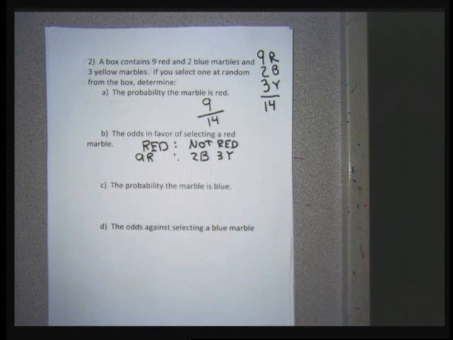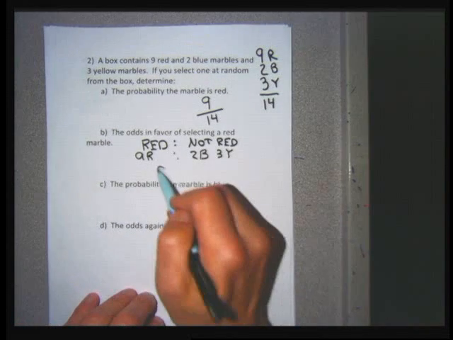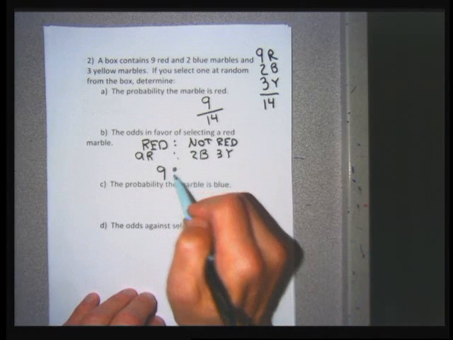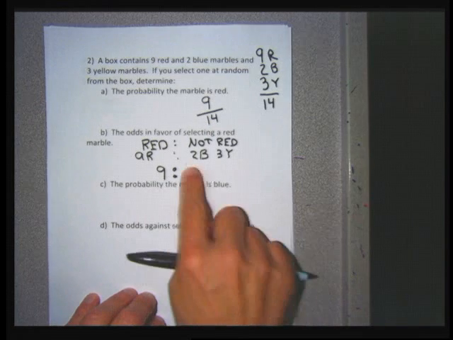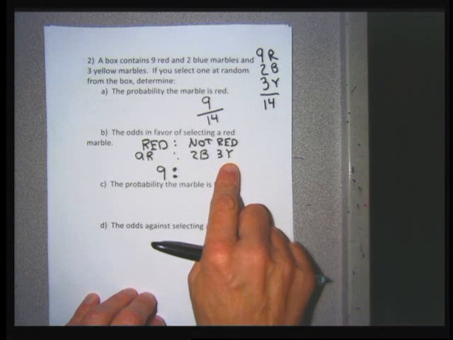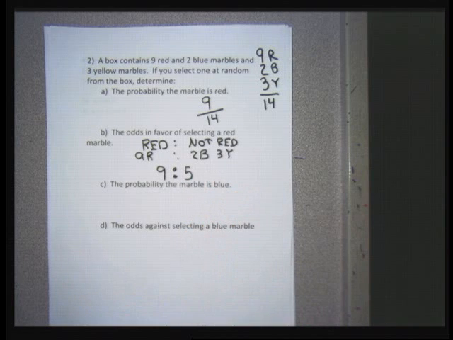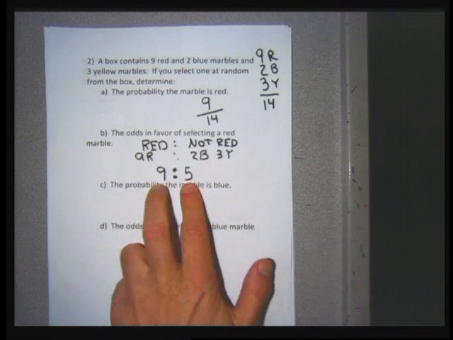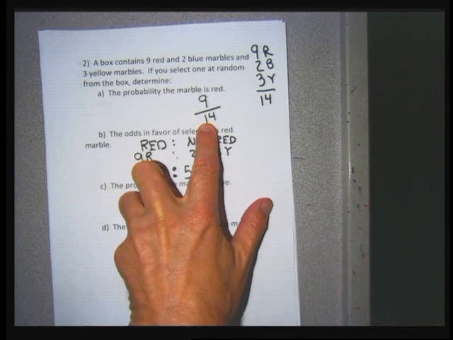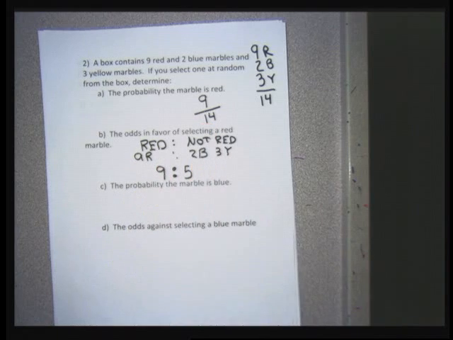So the odds in favor of selecting a red marble would have the 9 red marbles to the left of the colon, and then the 5 marbles that aren't red to the right of the colon, the 2 blues and the 3 yellows. So the odds in favor of selecting a red marble would be 9 colon 5. You'll notice that in odds questions, the numbers before reducing add up to the denominator in probability questions.